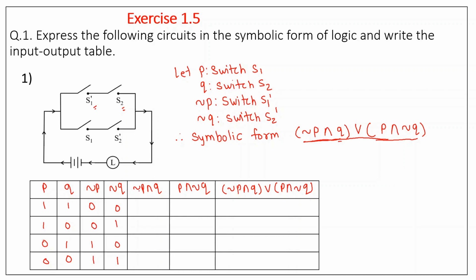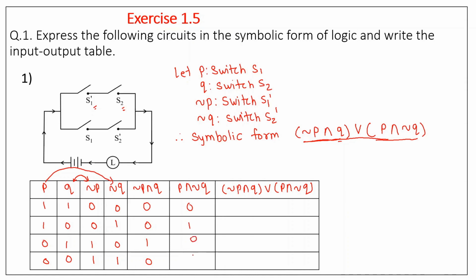Okay. Now take this negation P and Q. So in AND, when switches are in series, 1 1 is 1, otherwise it is 0. So this is 0 0 1 0. Okay. Next will be P and negation Q. Again 1 1 is 1, otherwise it is 0.